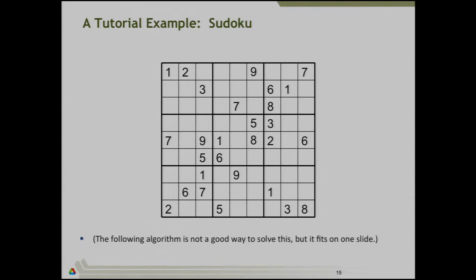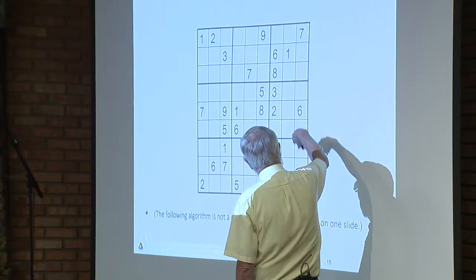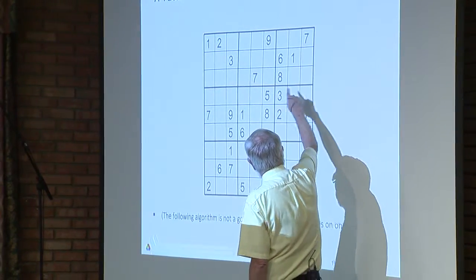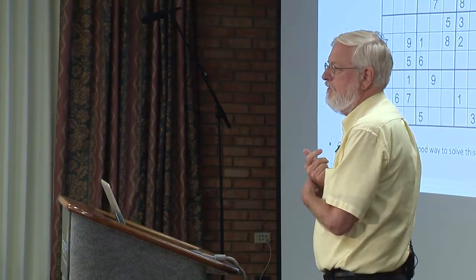Does everybody know how to play Sudoku, this puzzle? The idea is every day in the paper they publish something that looks like this, and your goal is to fill in the blank squares so that every row and every column and every one of these boxes has all the digits from 1 to 9. Sometimes this is easy and sometimes it's hard.